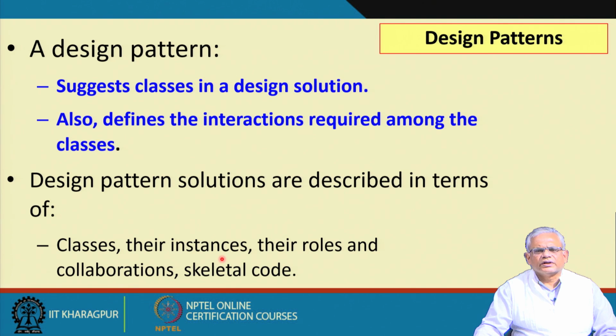So, once you have the design, you can easily write the code, and also if you look at the code of a solution, you will be able to understand what patterns the designer has used.